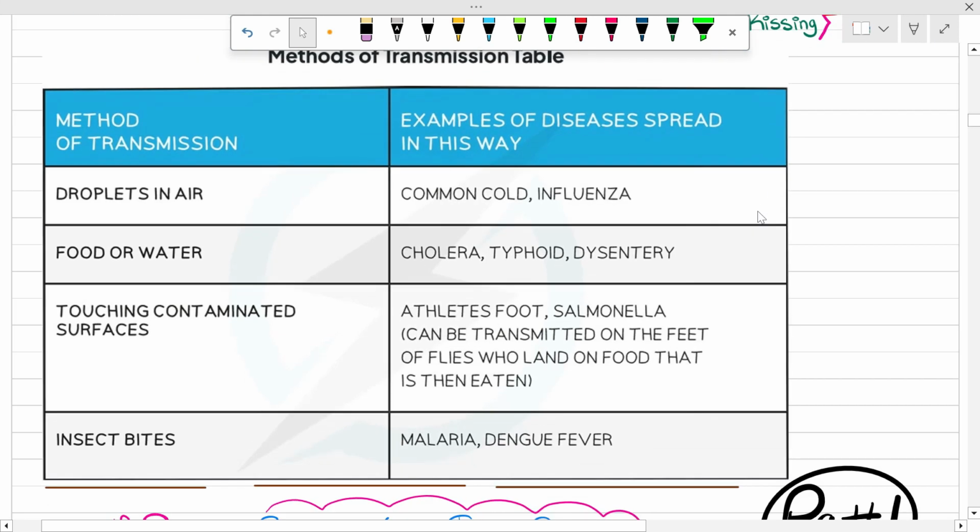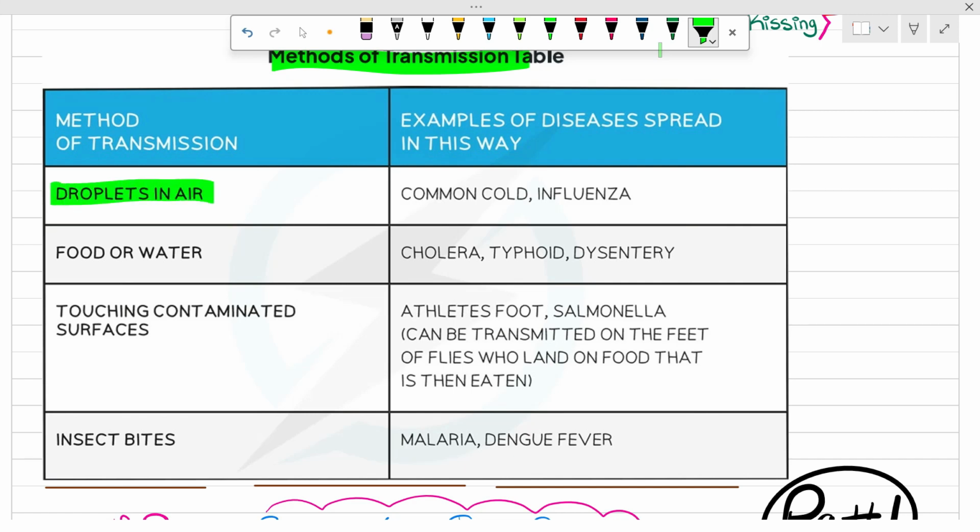Here we have a methods of transmission table. So we have the method of transmission on the left side and examples of disease spread in this way. Droplets in air. Common examples are cold and influenza. Droplets in air can contain some sort of virus which can transfer cold or influenza to the recipient. Food or water: cholera, typhoid, and dysentery, usually if the food is infected.